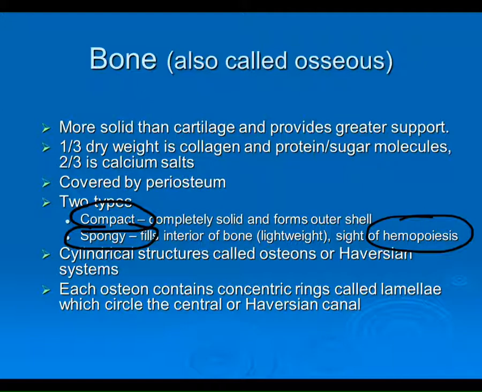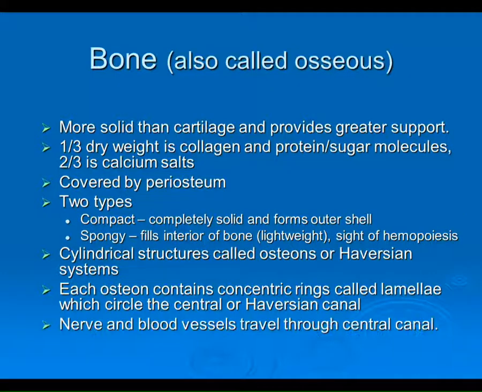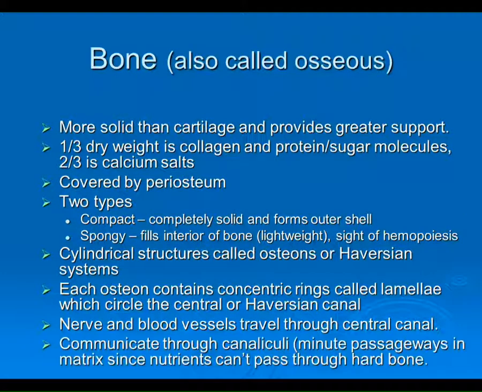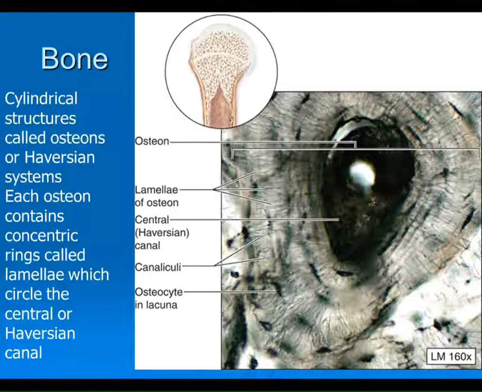So when you're making blood, that's the process of hemopoiesis, and it happens in your spongy bones. You already know about the osteons and the lamellae and the central canal. You also already know about the canaliculi.